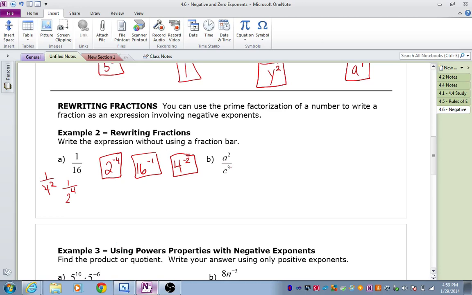In letter B, we need to get that c to the 3rd power out of our denominator. Our a squared isn't going to be affected at all, but to get that c to the 3rd power out of the denominator, we're going to rewrite it, multiplied to our a squared, with the negative 3 as the exponent.